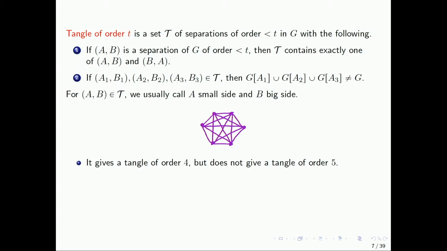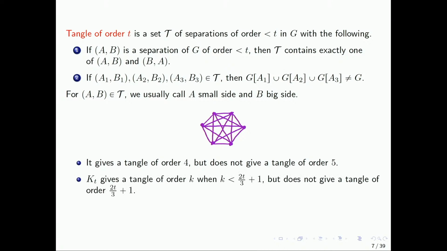But then you cannot cover the whole complete graph by 3 triangles, though you can cover it by 3 K4s. And then in general, K_t gives a tangle of order k whenever k is less than 2t over 3 plus 1, but does not give a tangle of order exactly 2t over 3 plus 1.